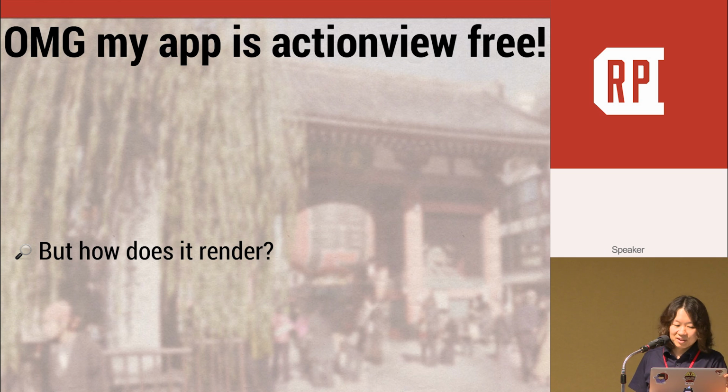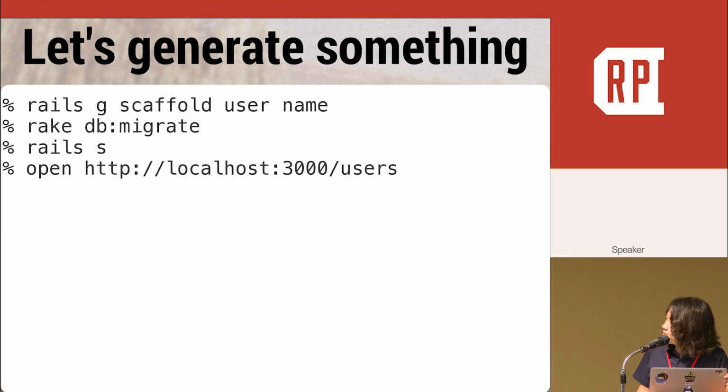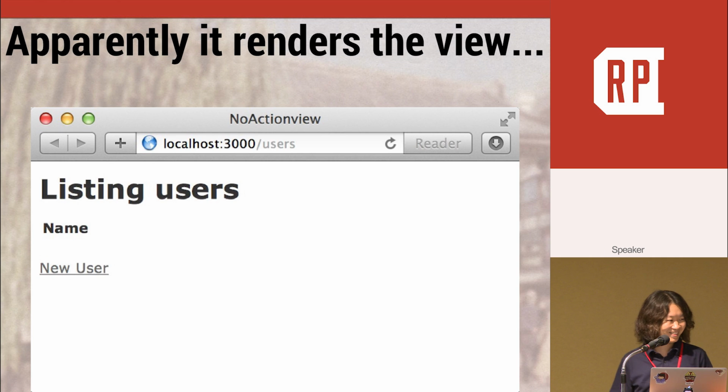So how does it actually work? Let's try. Like rails generate scaffold, rake db:migrate, start up the server, and visit the users page. Then what's going to happen is it renders. So it's obviously still using ActionView somehow. It's commented out.